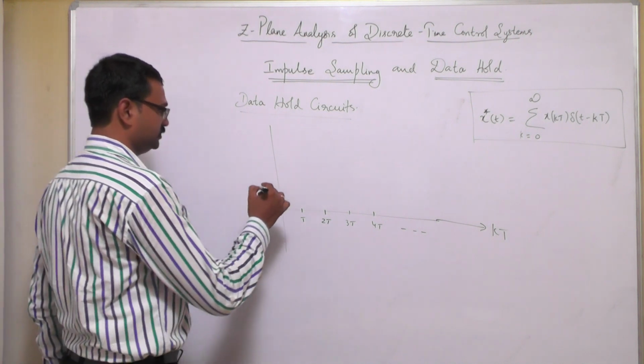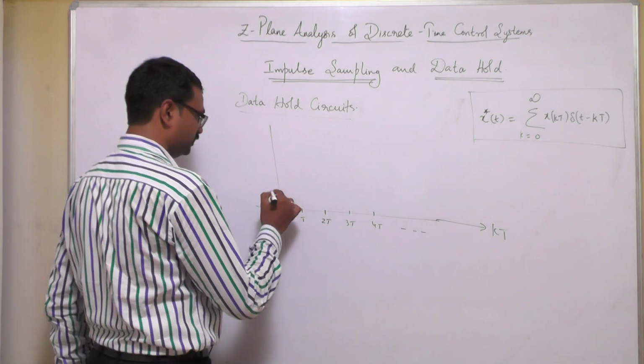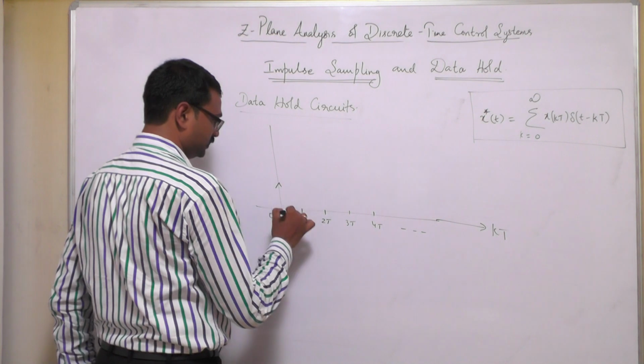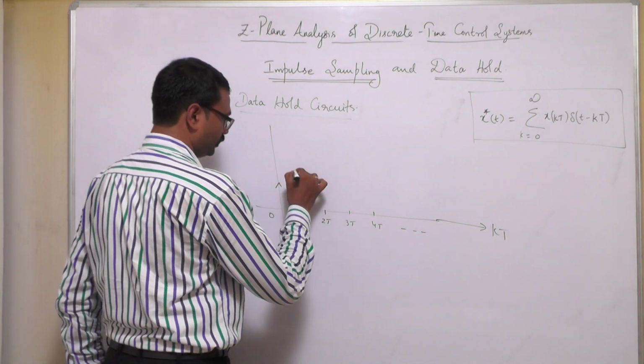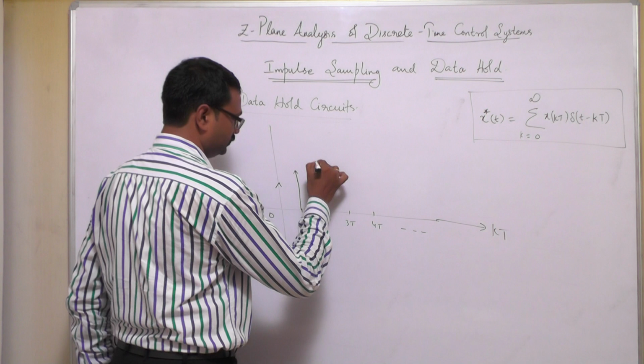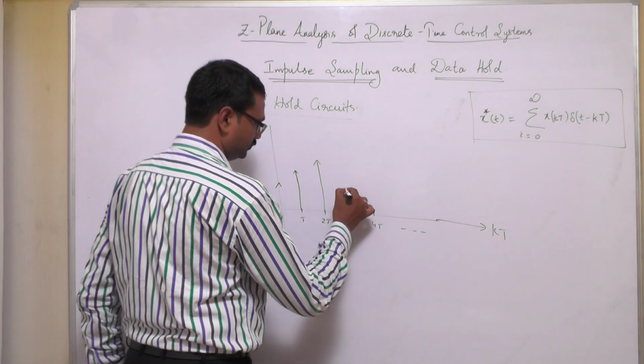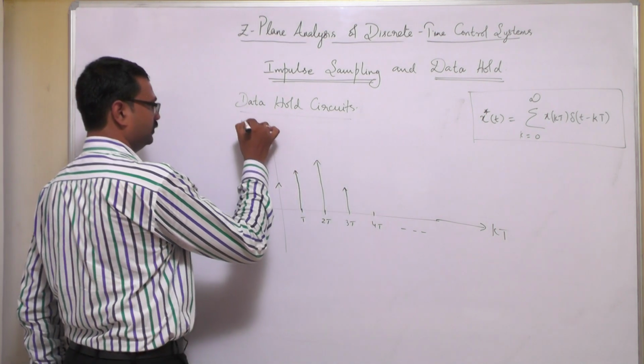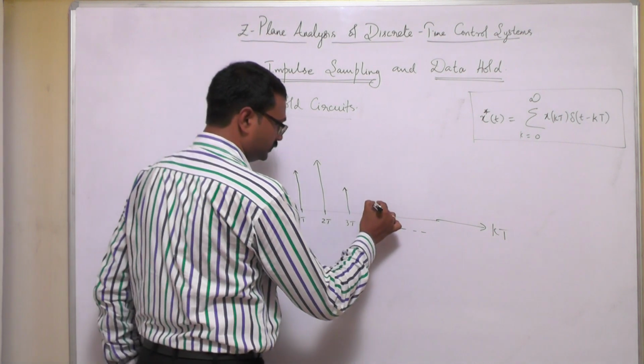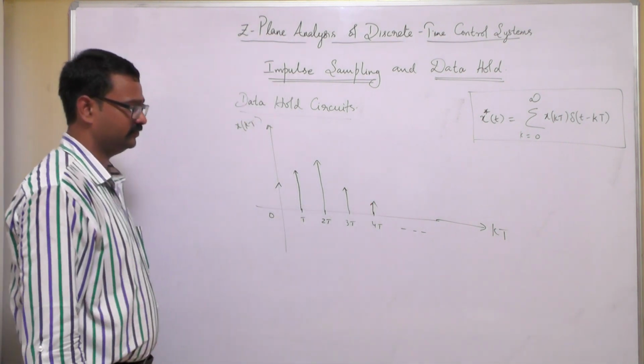Now for example, let me say we have a continuous time signal, any of that sort. I have this signal here, and I have one more signal here, an impulse sample. Now this is our x of kT, right? So we are having somewhere of this form.